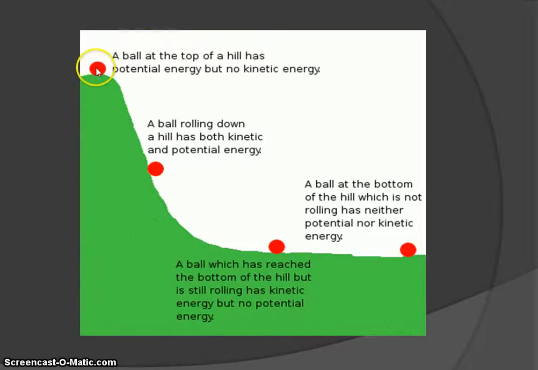A ball at the top of the hill has potential energy, but no kinetic energy. As the ball rolls down the hill, that kinetic energy is getting greater. The potential energy is getting less. The potential energy is changing into kinetic energy. Eventually, all that potential energy changes into the energy of motion. It's moving faster and faster.